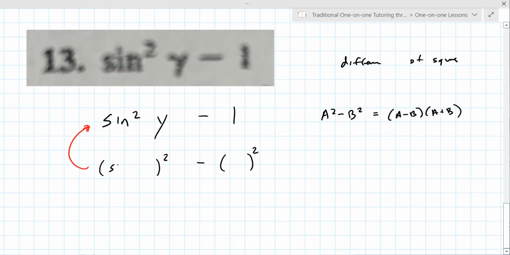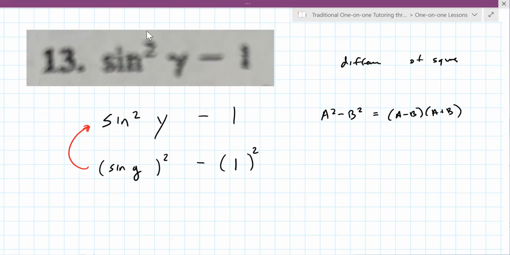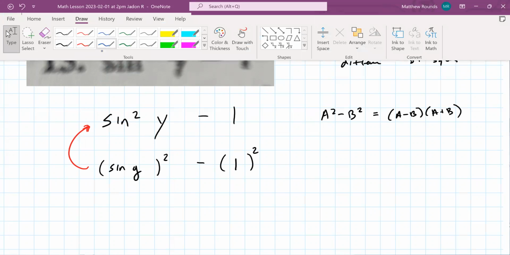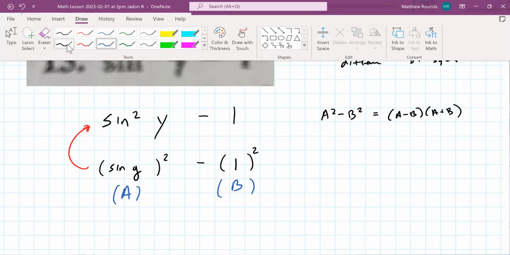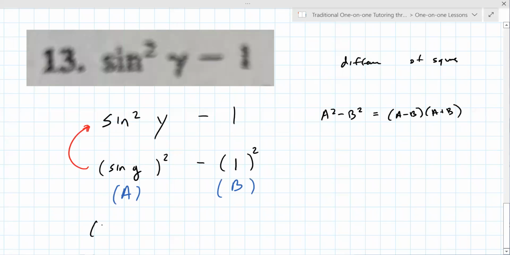So in this problem, it's sine y, and it's 1. Because when you square sine y, it becomes sine squared. When you square 1, it becomes 1. That's your A and your B. So this becomes sine y minus 1, sine y plus 1.